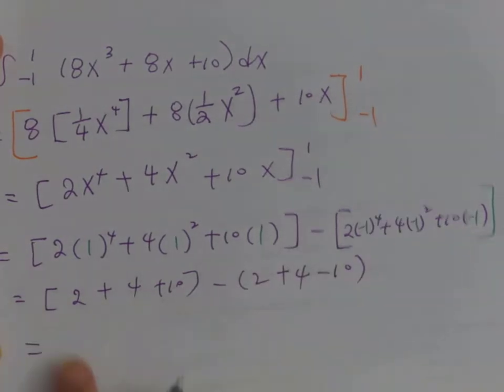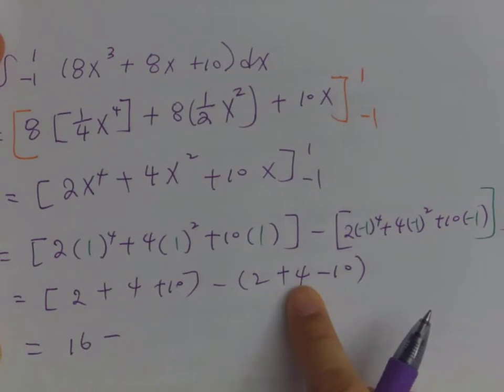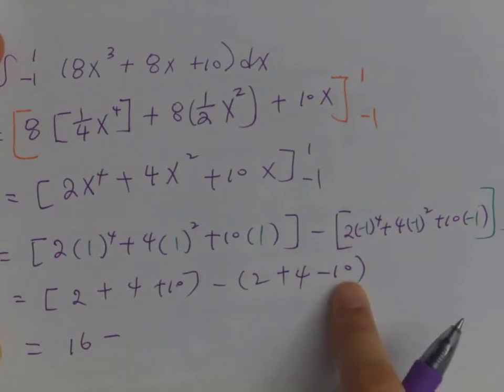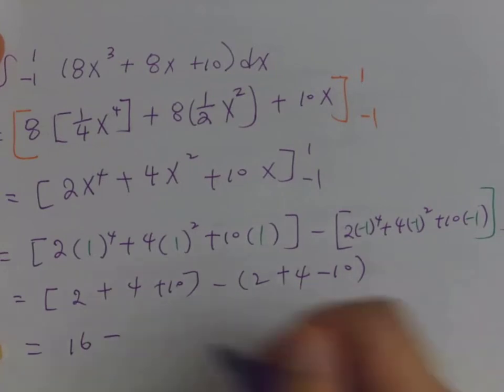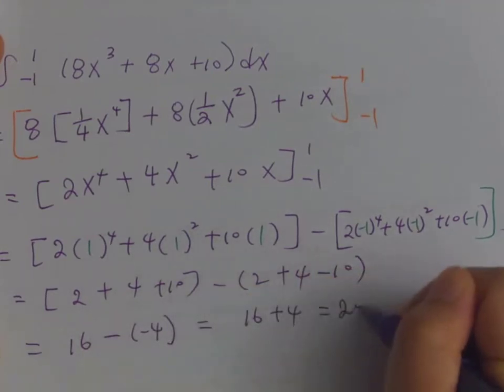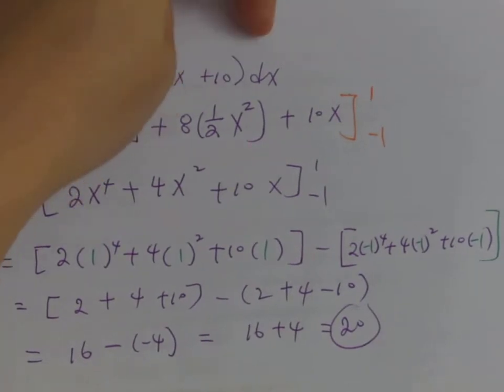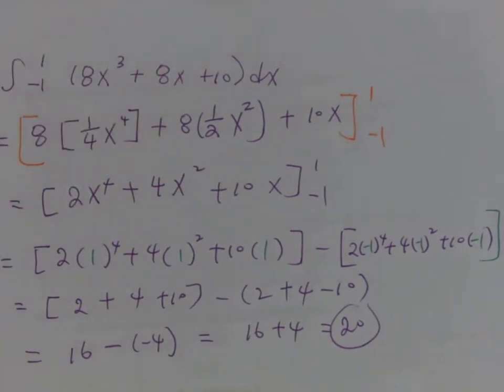Okay, so the first part we got a 16, the second part, 2 plus 4 is 6, minus 10 is a -4, like that. So 16 plus 4 equals 20. Alright, so this is a definite integral, it doesn't come with c. After you take the integrals, plug in the upper limits, subtract the lower limits. Alright.